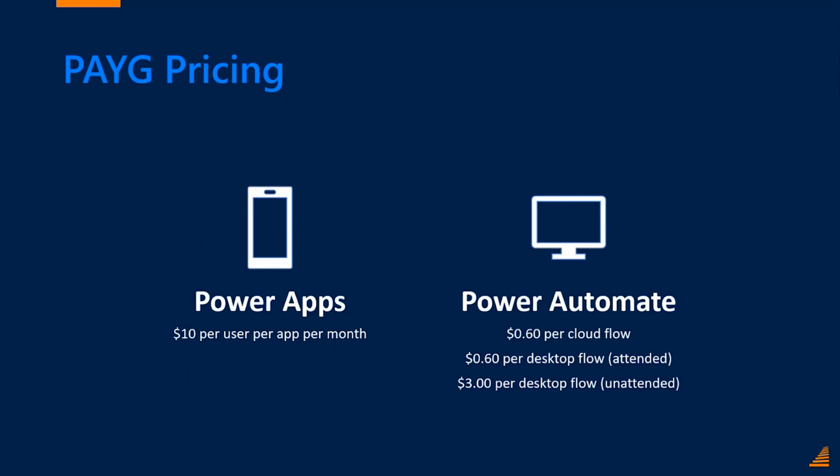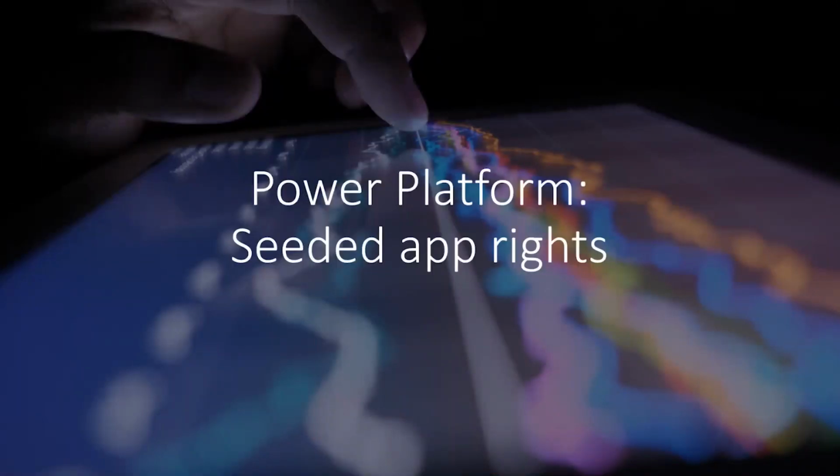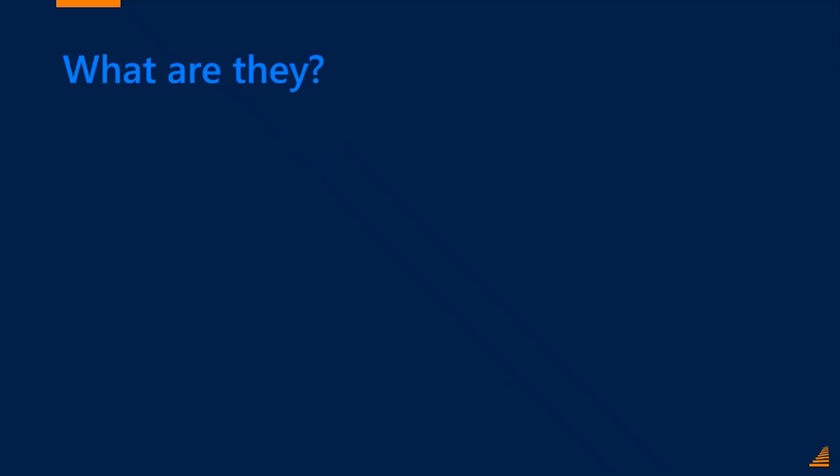The next bit I want to look at is seeded app rights. And this is, as Chris mentioned in his intro, the kind of next step up. So if you don't follow, ask questions, rewatch the recording. But seeded app rights, the first question really is, what are they?